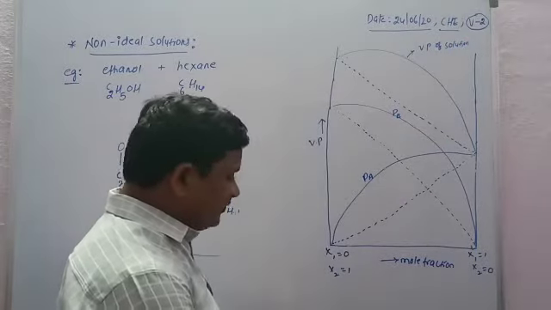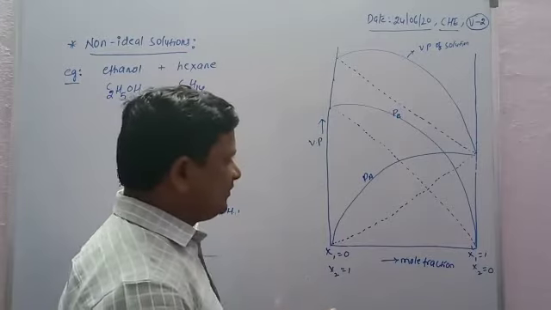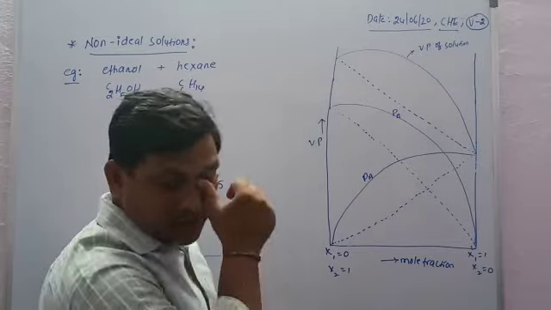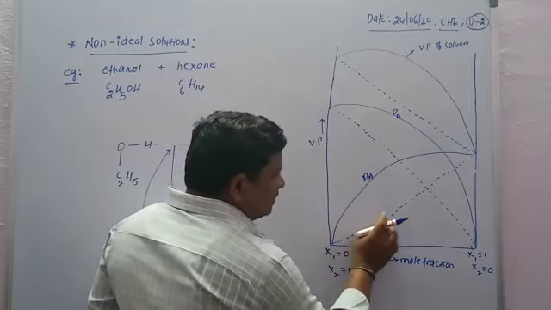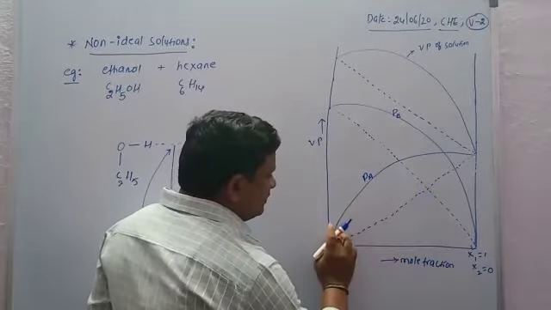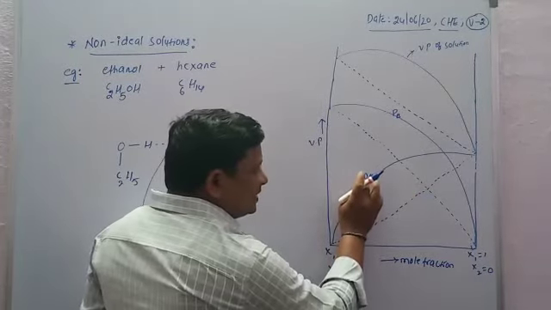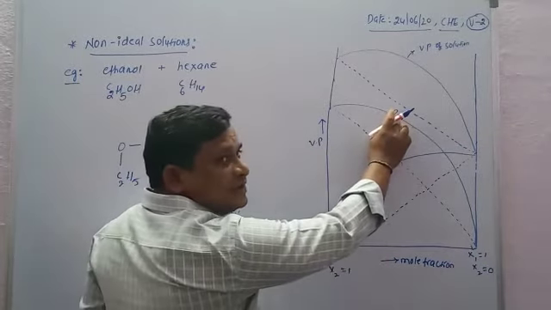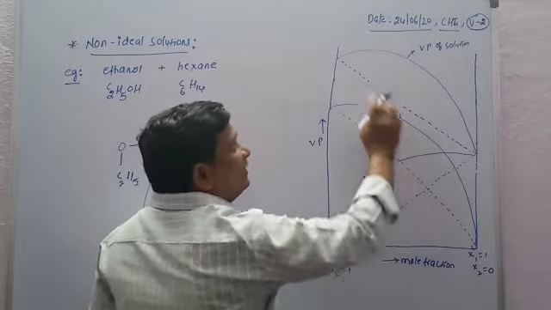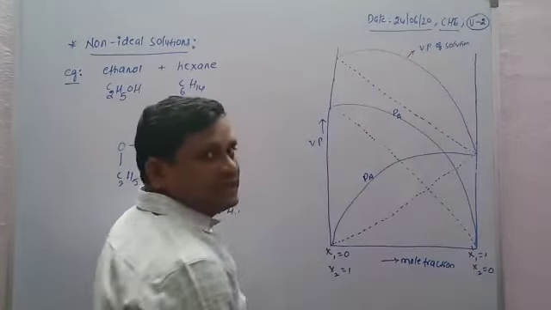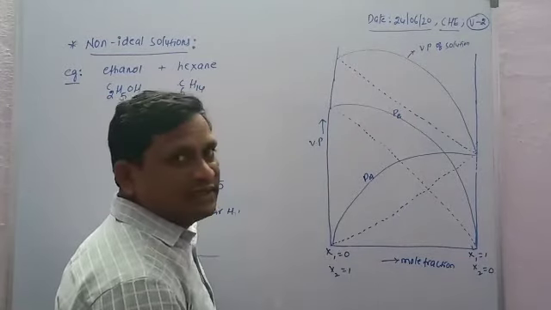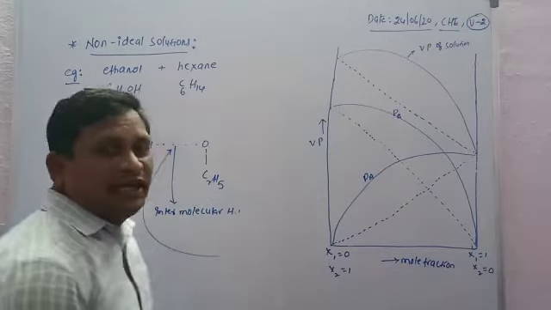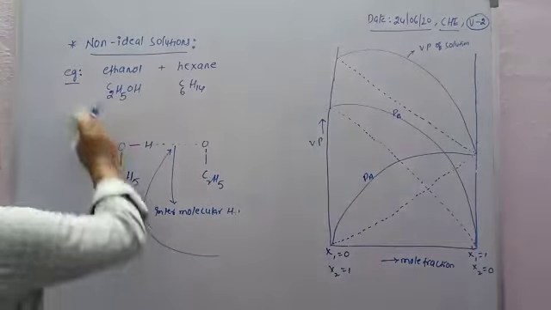Actually in this diagram, thick lines denote higher values and dotted lines denote lower values. The partial vapor pressure of the solvent is greater, the partial vapor pressure of the solute is greater, and the vapor pressure of the solution is greater. So this diagram is the positive deviation. It is the non-ideal solutions with positive deviation.